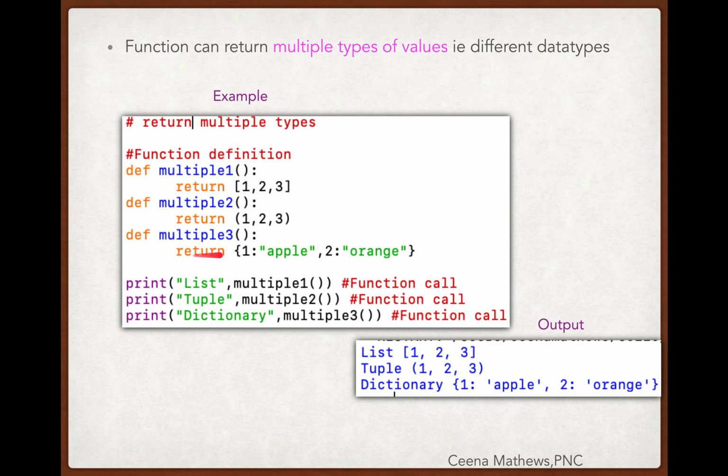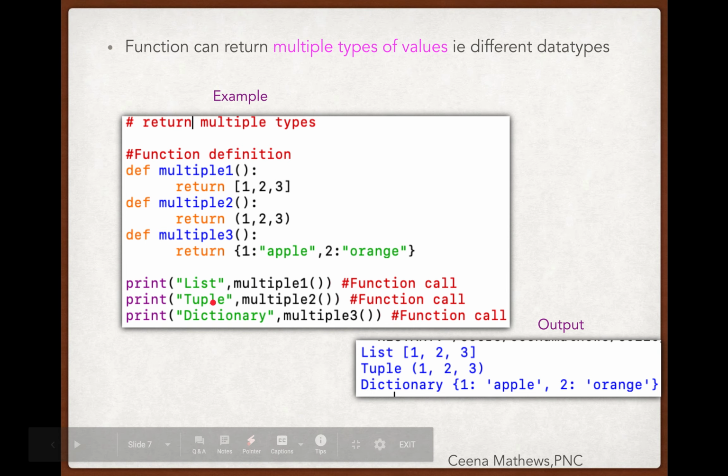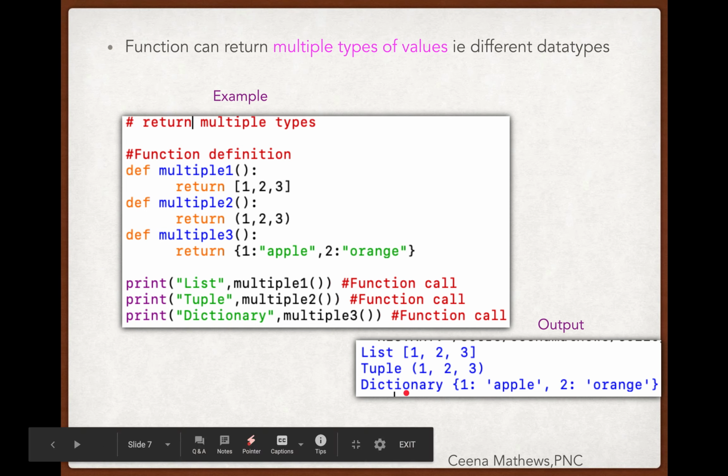And in the third one, I return the dictionary. The function call is included here within print. As you can see in the output, the returned values will be printed here along with the string given in the quotes. That is, here I have given list, tuple, and dictionary, and the return values are printed along with it.